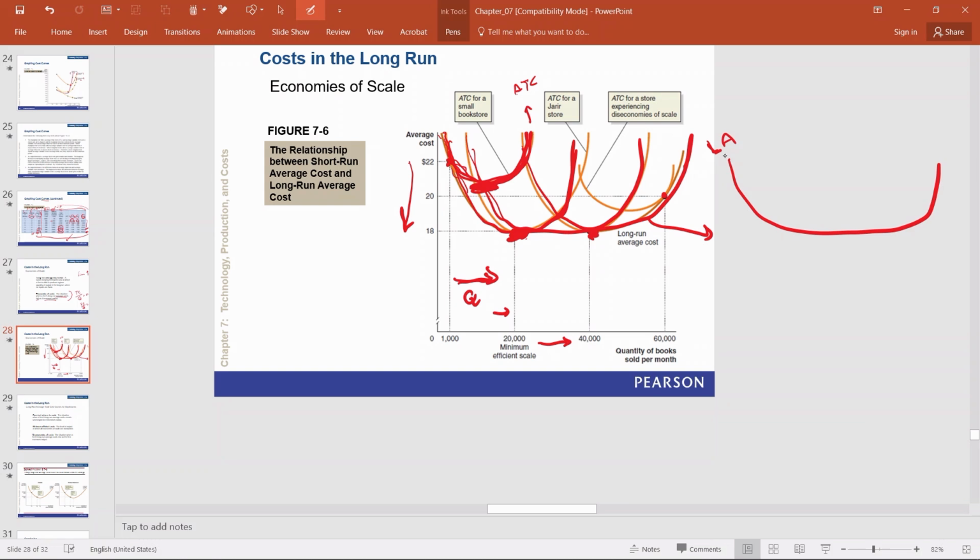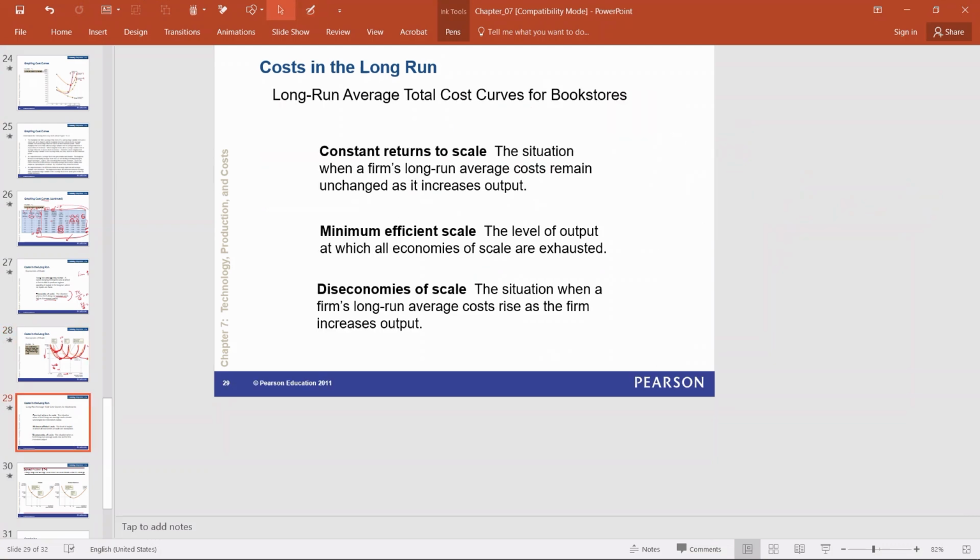L is the long-term average total cost, and we get this long-term average total cost after we combine many of those short-term average total cost curves. Now we'll go to the next slide to have some more analysis on this cost.